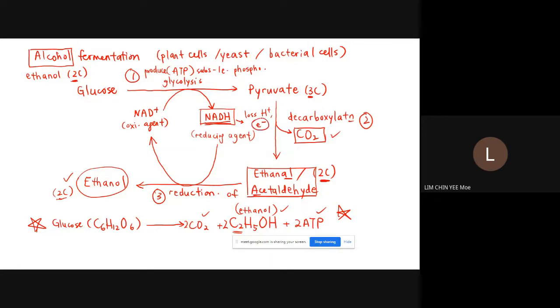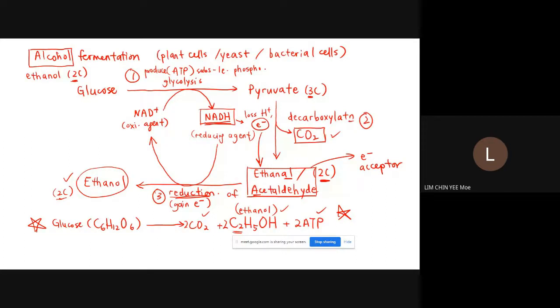Hilang pergi mana? Hilang pergi ethanol. Sebab ethanol reduce, sebab ethanol gain electron. So, ethanol ini terima elektron dari NADH. Dia terima, maksudnya dia electron acceptor.